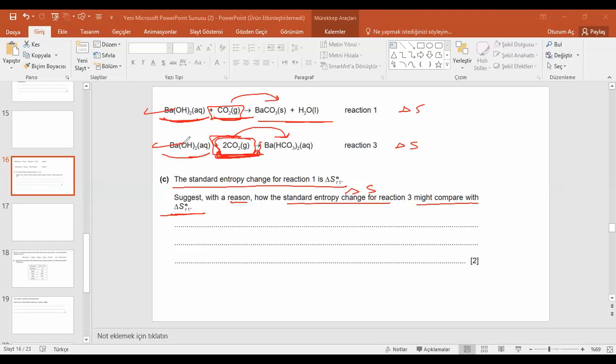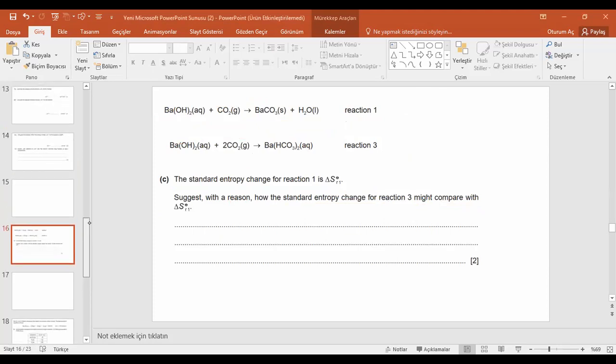So delta S of reaction 1 will be more positive than reaction 3. The reason is that in reaction 3, more gas molecules are being consumed, so the delta S here is going to be more negative.